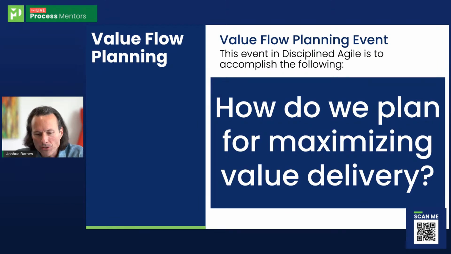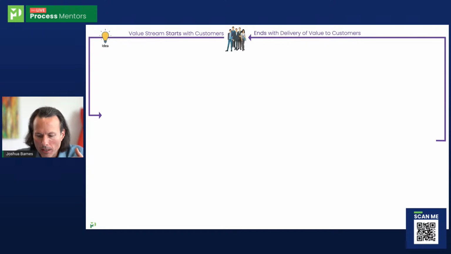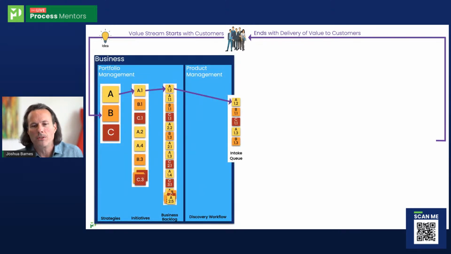So last week, one of the things that I took a look at was the idealized value stream. And so our value stream always starts with our customers in mind and ends with delivery of value to the customer. So we've got our business side.